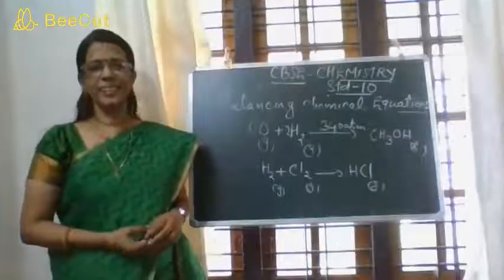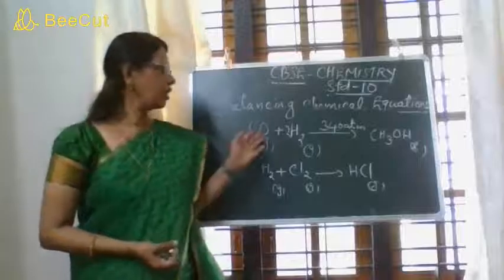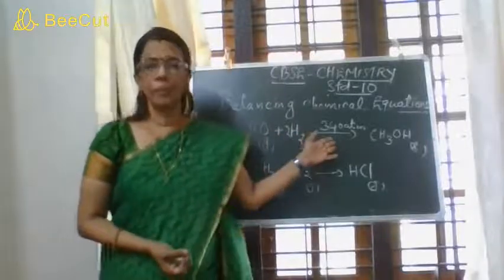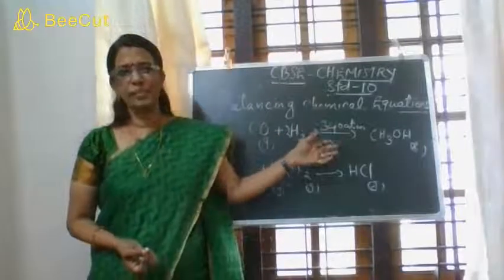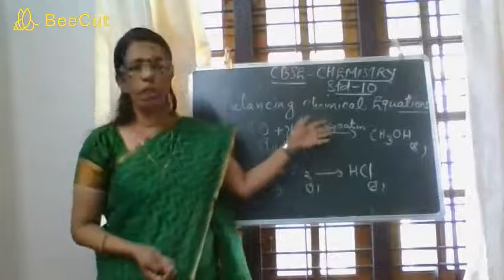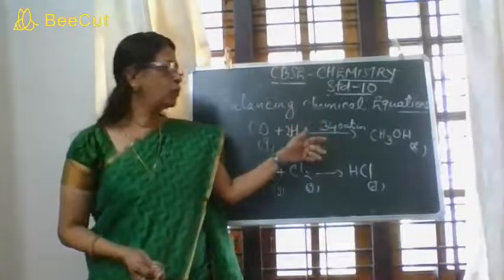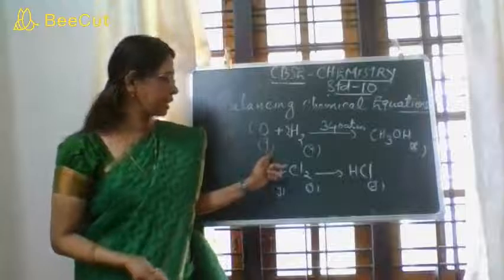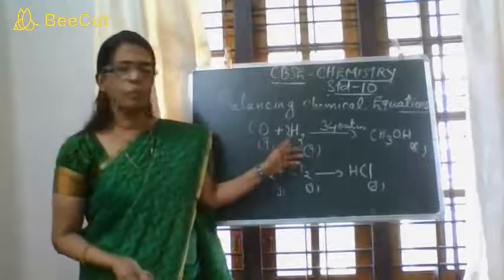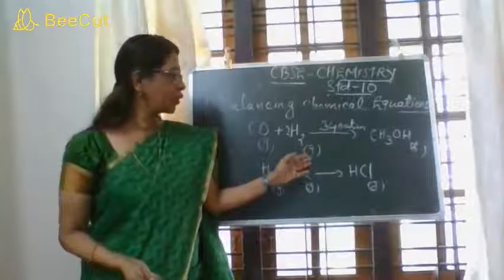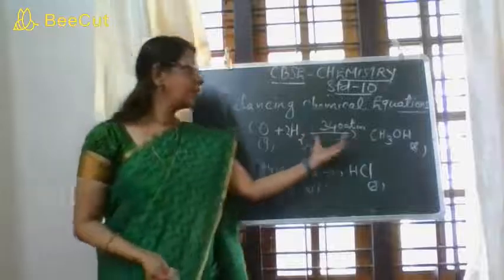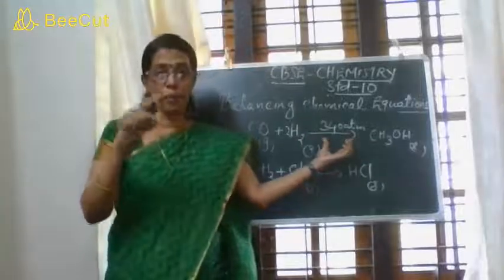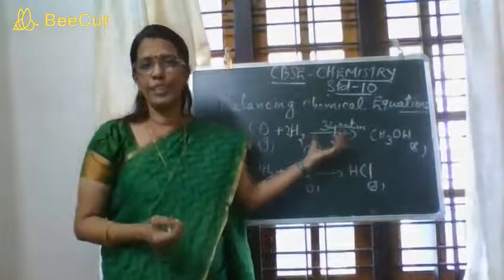Let us see another equation. Usually in an equation, there will be some pressure terms or temperature terms, usually written above the arrow or below the arrow. That is, this carbon monoxide, a gaseous state gas, reacts with hydrogen, that is also in the gaseous state. Then above the arrow, 340 atmosphere is written.